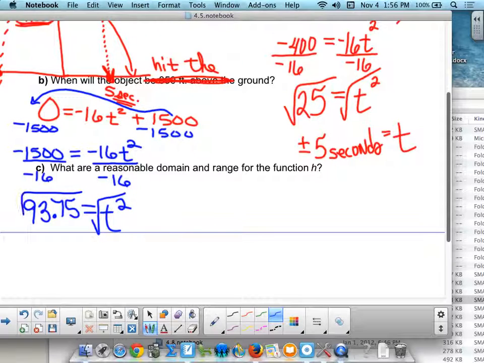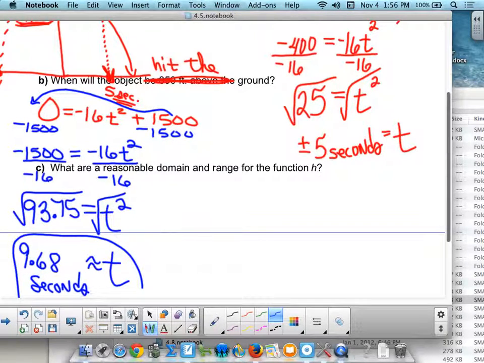Square root, 9.7. This is not exactly the right answer, so I'll put that symbol. That symbol says about, kind of, approximately. If I go to the nearest hundredth, I think it's 9.68 seconds, right? Yep. So guys, that is when it hits the ground, in 9.68 seconds. So Patrick, you got it right. Cedric, you would have got it right if you just take the square root.